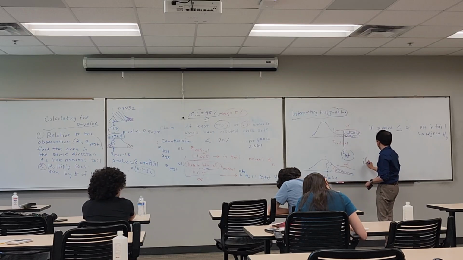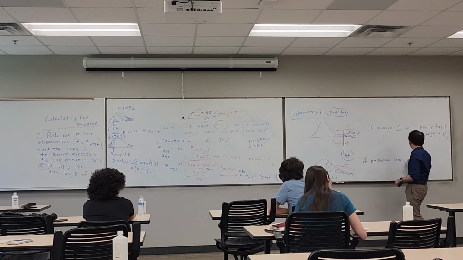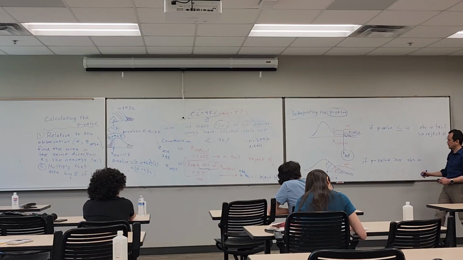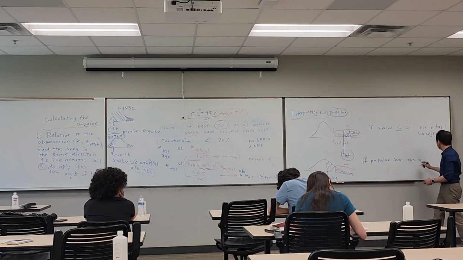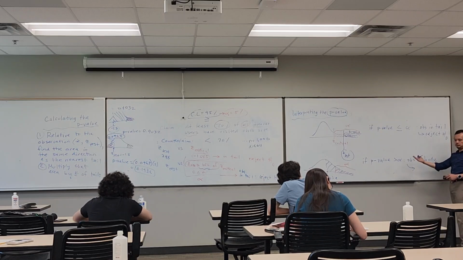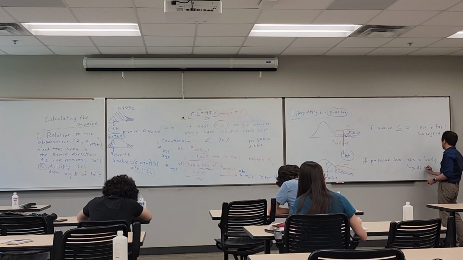So if the p-value is greater than alpha, then the observation is in the body of the distribution, outside the tail area. This blue area is greater than the red one, so the observation has to be in the body of the distribution. And like we said before, when the observation's in the body of the distribution, we fail to reject H0, or do not reject H0.